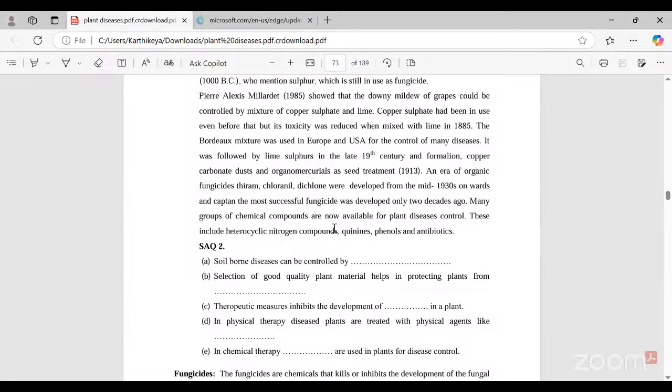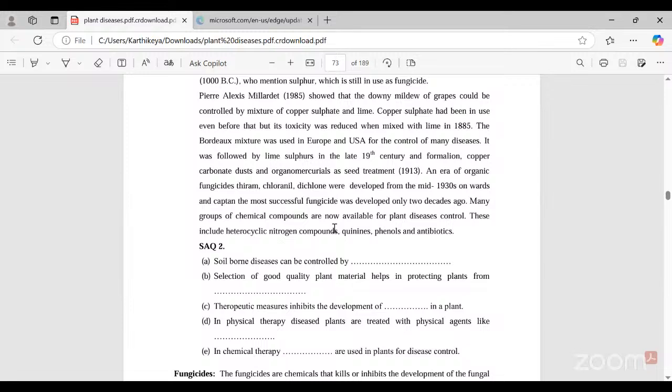In the 1930s, organic fungicides, thiram and chloranil, dichlone were developed from the mid 1930s onwards, and captan, the most successful fungicide, was developed only 2 decades ago.